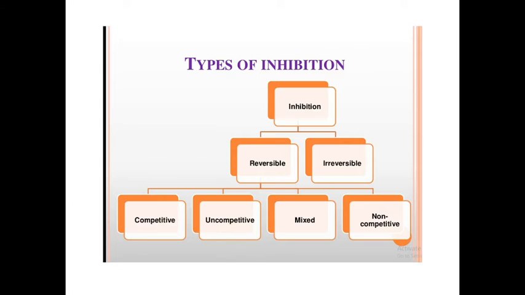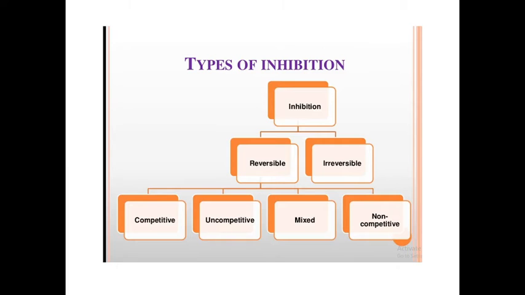Now we are talking about types of inhibition. We can say there is reversible inhibition and irreversible inhibition, isn't it? A reversible inhibition can be changed, but there are some changes that never happen, just like protein denaturation.